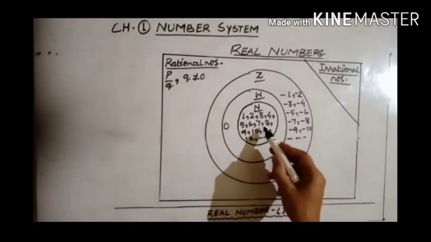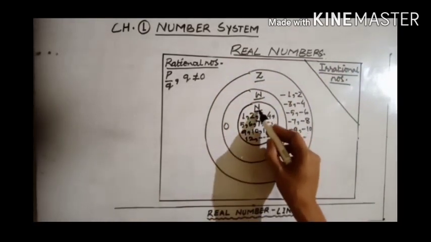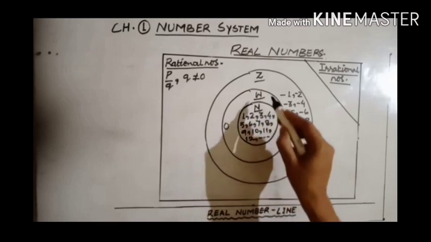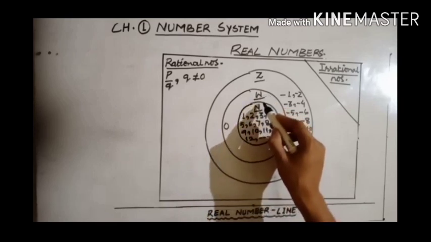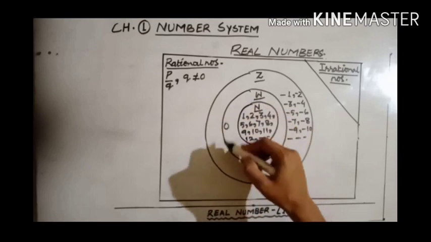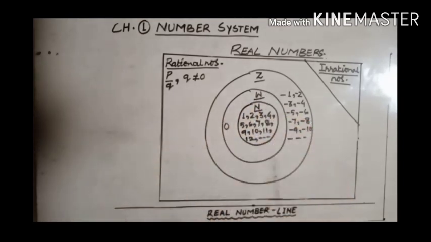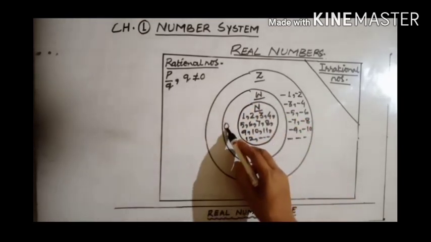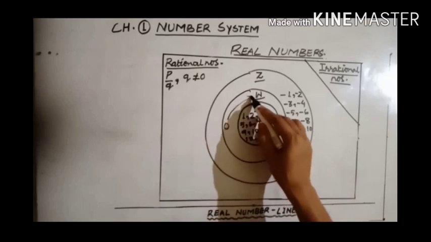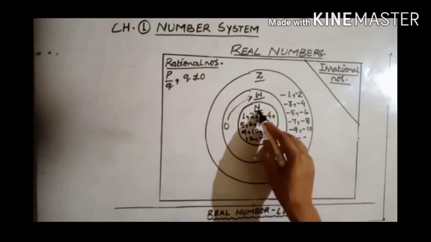From this diagram, you may observe that all natural numbers are whole numbers, but all whole numbers need not be natural numbers. Like 0, it is a whole number but not a natural number.